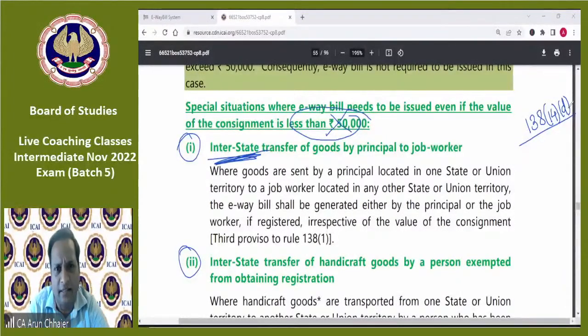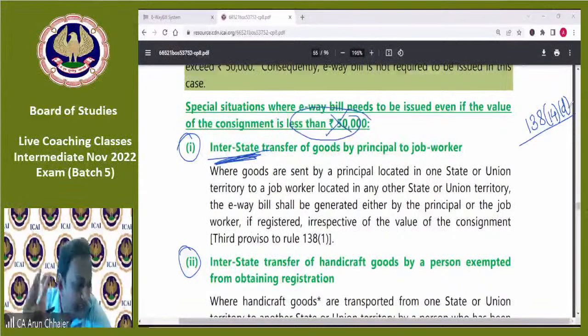I think you have heard that in Bihar, the earlier exemption was 2 lakh. If the invoice value does not exceed 2 lakh, e-way bill is not required. In Delhi, e-way bill is not required if the value does not exceed 1 lakh. In Rajasthan, no e-way bill is required within district movement. In Gujarat, there might be another relaxation that no e-way bill is needed for the job worker.